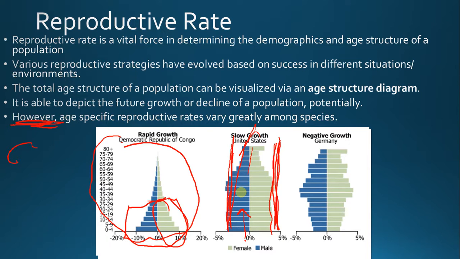And then there are negative growth trends like Germany, which is almost a V shape. Far more older people in this population than younger. So the new births from this potential portion of the population that are going to be reaching reproductive maturity will not be able to replenish those that die from the aging demographics of that population.